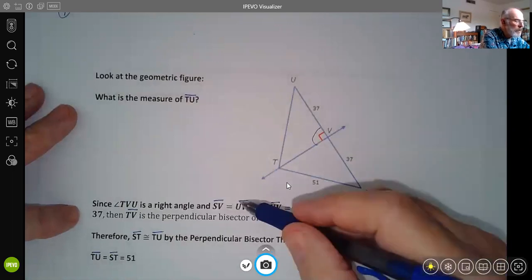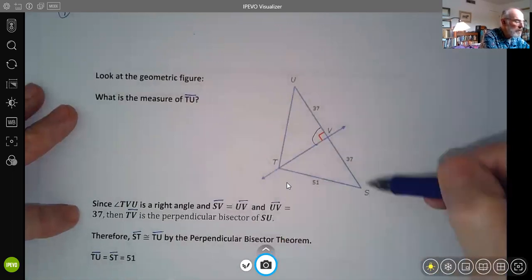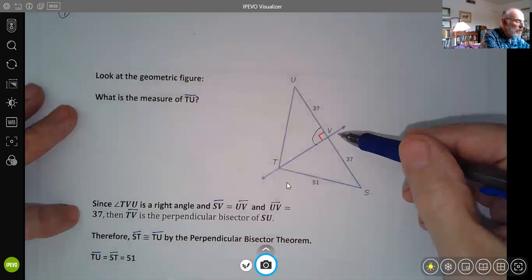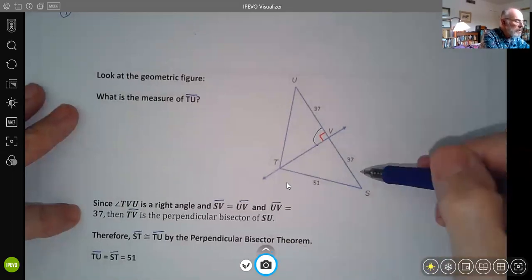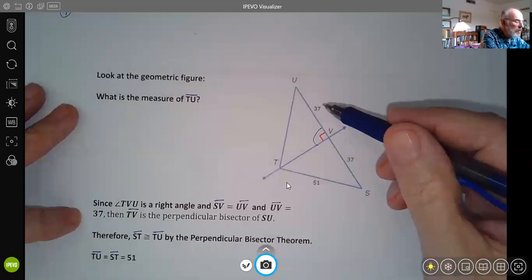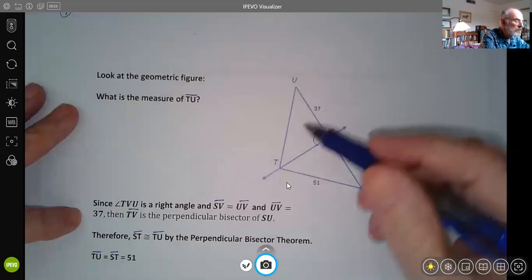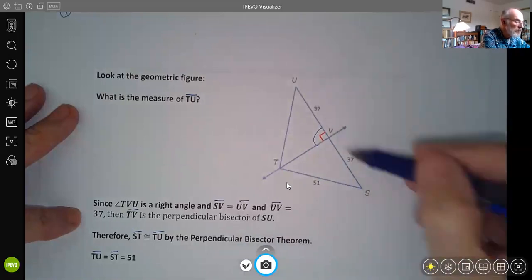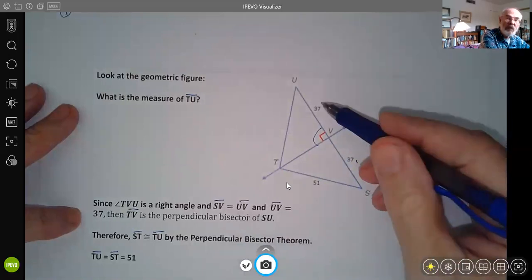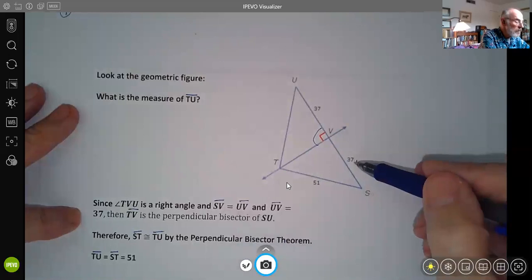And SV, that's this, equals UV, and UV equals 37, then TV is the perpendicular bisector of SU. So they're telling you SV and UV are the same measure, and UV is 37, so both of them are 37, okay? And it's already shown to us here.